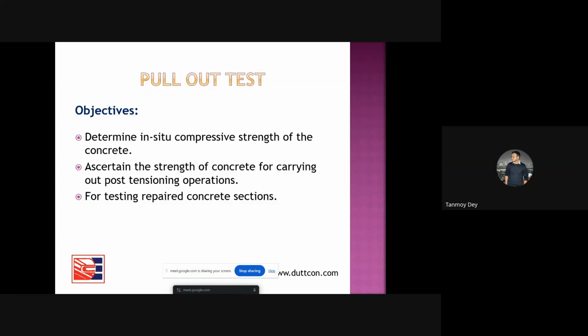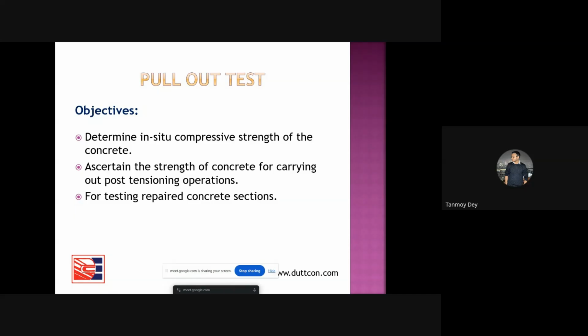Before core cutting, we have to go for rebar location. How much cover is there? As per IS, say if you're going for a 50 millimeter core, the length of the core should be 100, double of the dia. 50 dia, 100 length.